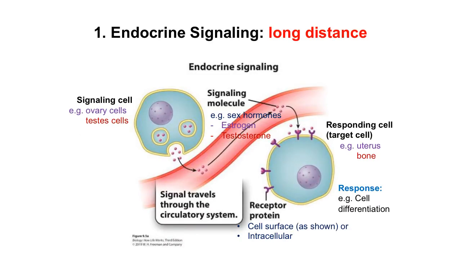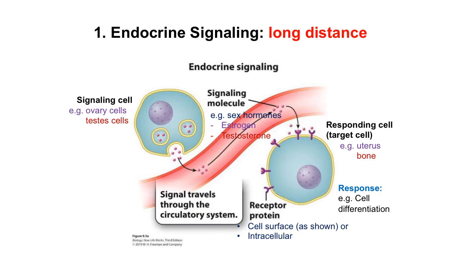So the first type of signaling between cells involves what we call endocrine signaling when the cells are far apart from each other. So this is a long distance form of signaling. In figure 9.5A in your textbook, it is illustrated how endocrine signaling takes place. There is a signaling cell, of course.